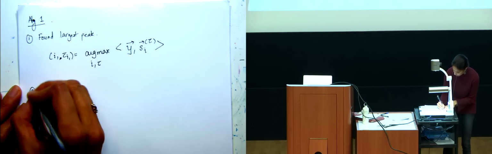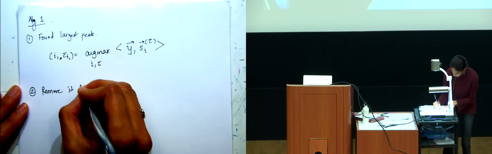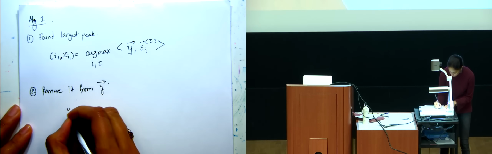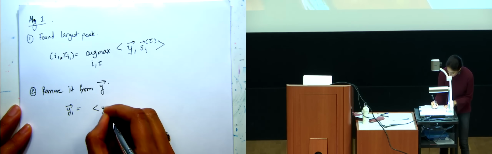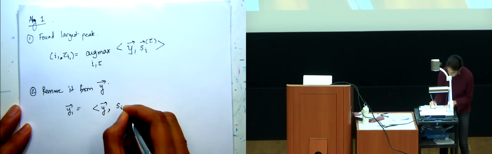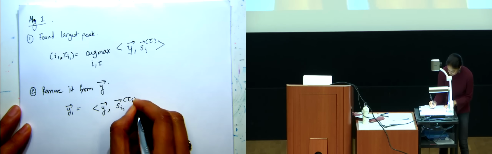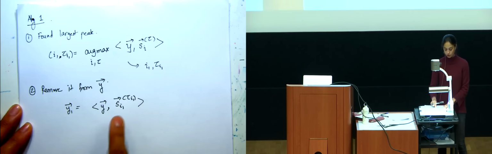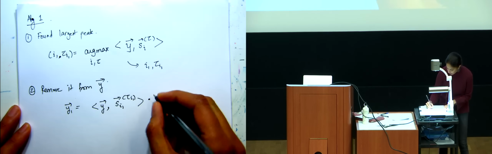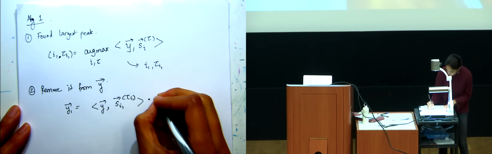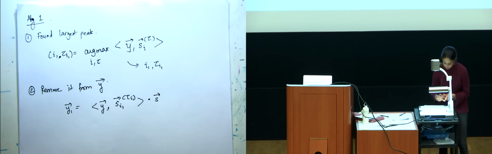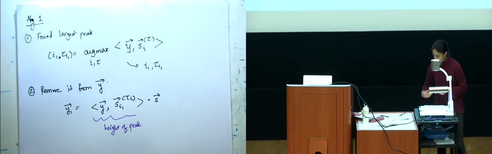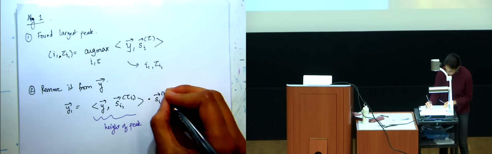And then we remove it. And what we said was, let's consider y1 is equal to y inner product with s_I1,tau_I1. So let's say this gave us an I1 and a tau_I1, right? We take those values, we plug them in, and we get this y1, which is the component, in a sense. We just say, well, what is the height of the peak times the signal, right?